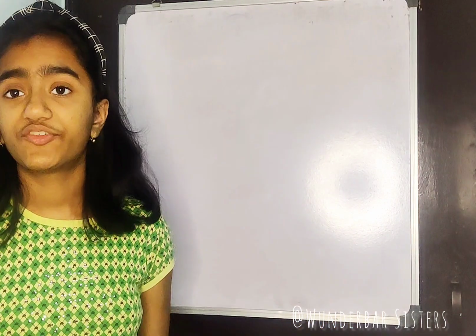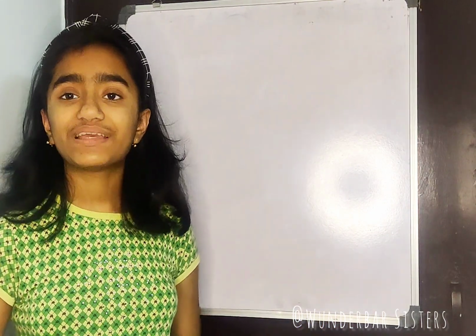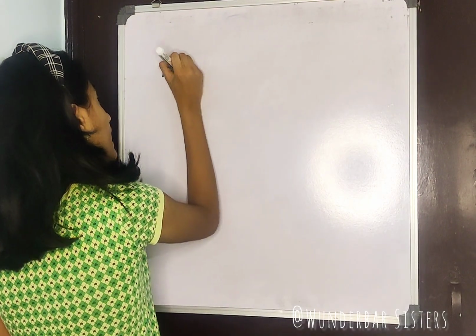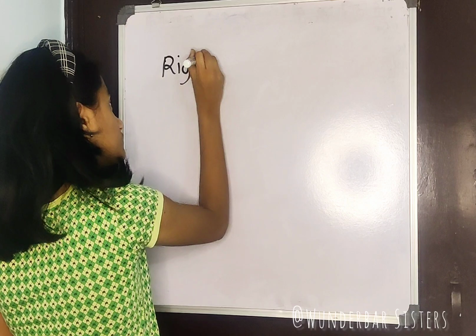Now, I would like to tell you about the different types of triangles on the basis of their angles. The first one is right angle triangle.